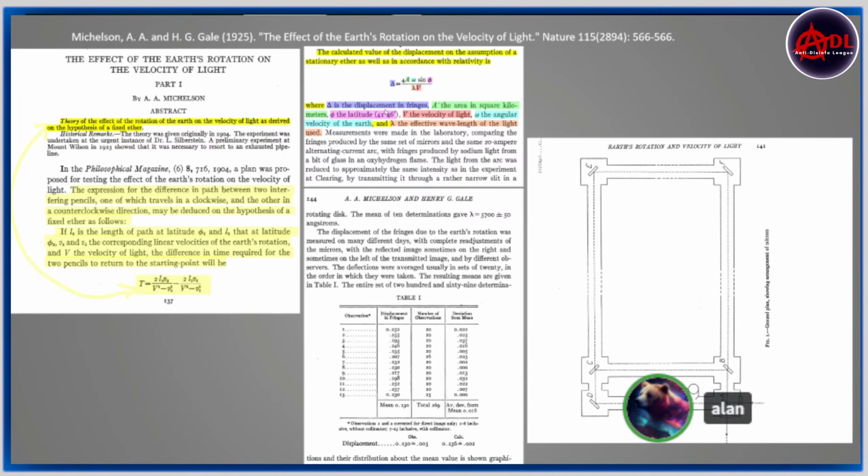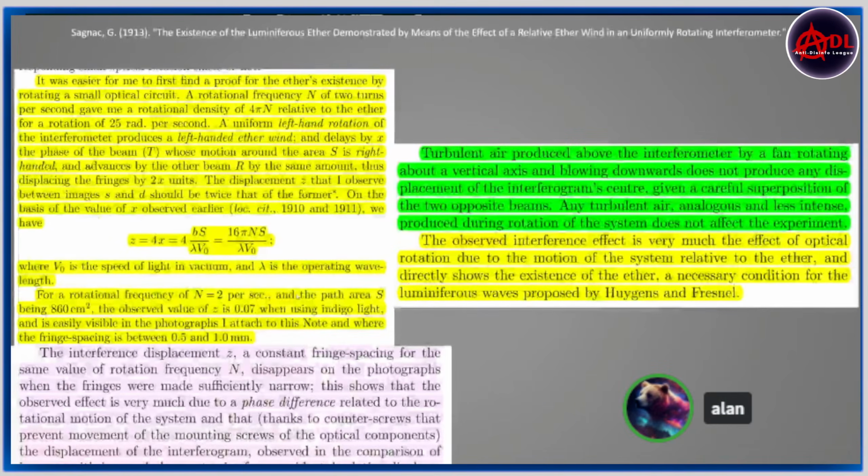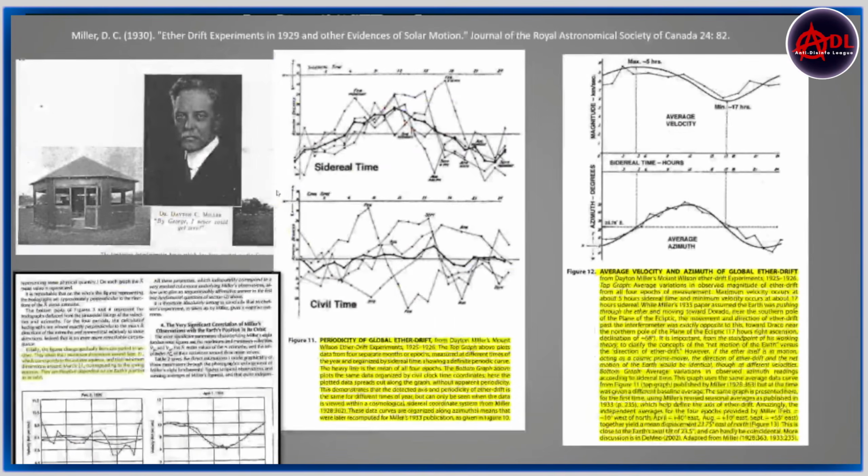Let's see here. They do make a note that this prediction is in accordance with relativity, but I'm not sure how that could be if they didn't want anything to do with Sagnac's work, because what they end up saying as well is that Sagnac measures Earth rotation as well.